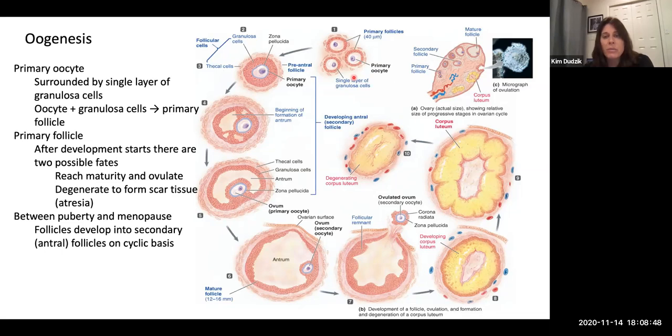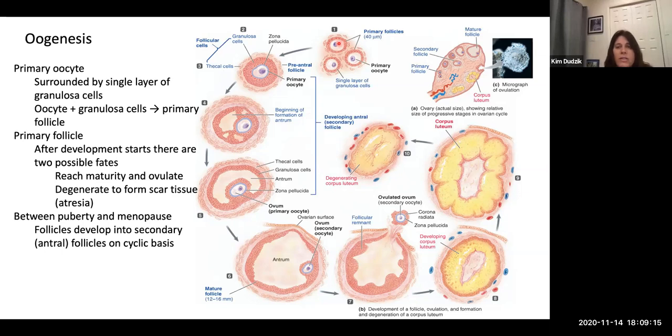And while that's happening, so here are the primary oocytes that are going to start to go through meiosis. You see that the cells surrounding it begin to organize and develop what are called follicles. Okay, and so these cells inside of the ovary are called granulosa cells. And so they organize and form a single layer of cells around the primary oocyte.